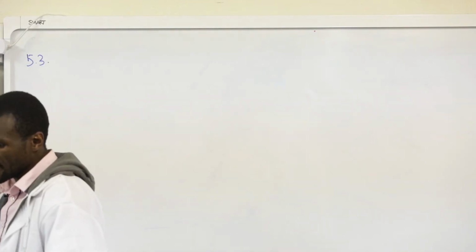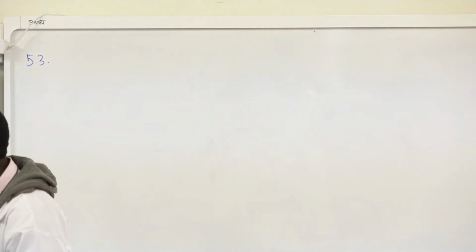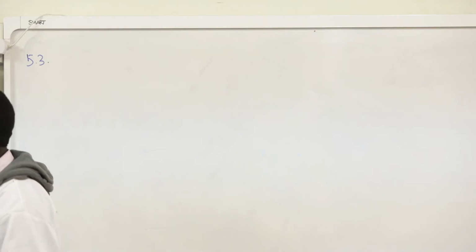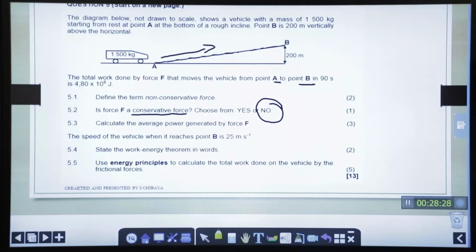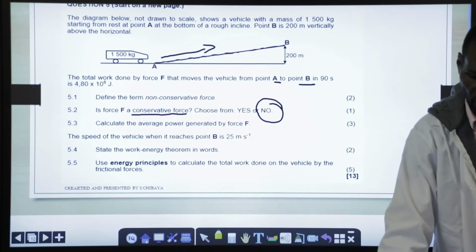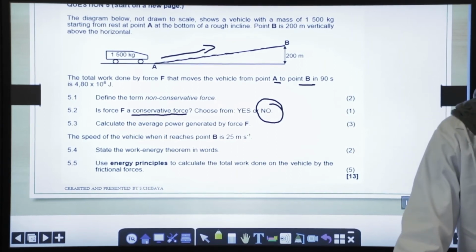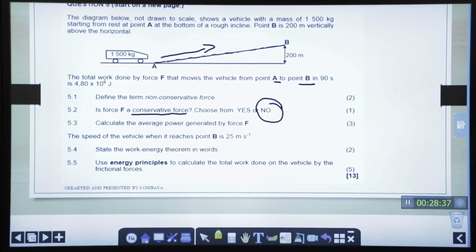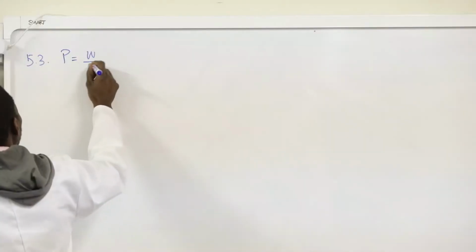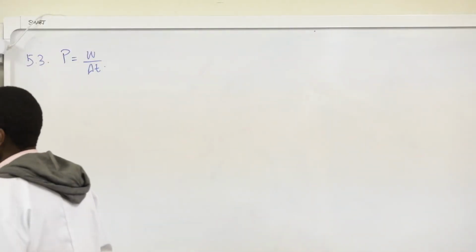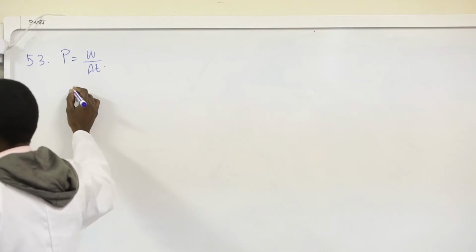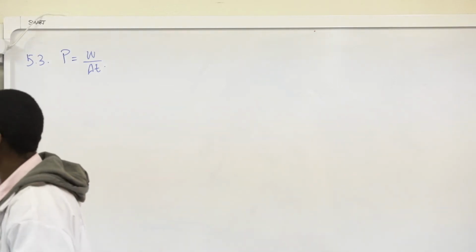5.3 then requires us to calculate the power generated by the force F. Just as I had said earlier on, I would have found this question slightly longer to answer if I didn't have a formula for finding power. So I said power is equal to work done over change in time. Do I know the work done?